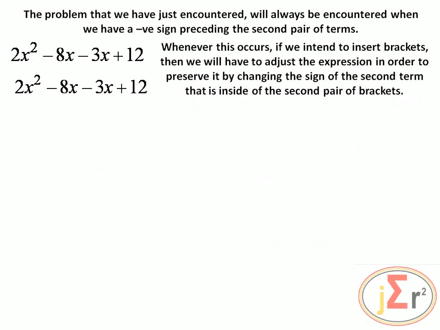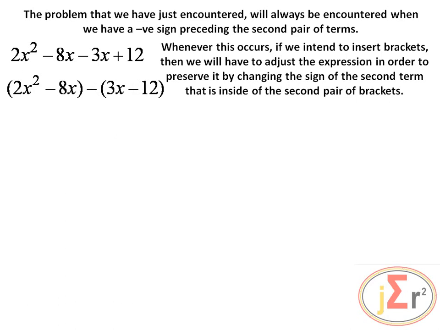Whenever this occurs, if we intend to insert brackets, then we will have to adjust the expression in order to preserve it by changing the sign of the second term that is inside of the second pair of brackets. So we will insert our brackets for sure, but when there's a negative sign that begins the second pair, throw in the brackets and change the sign of the second term inside the second pair of brackets.